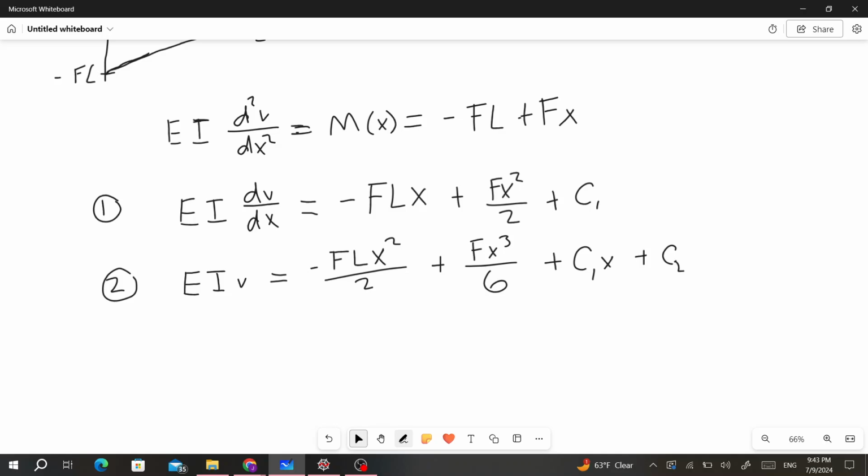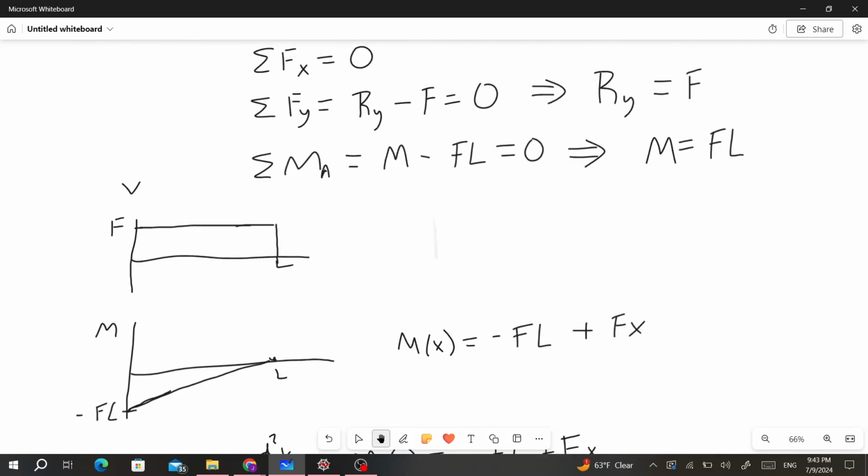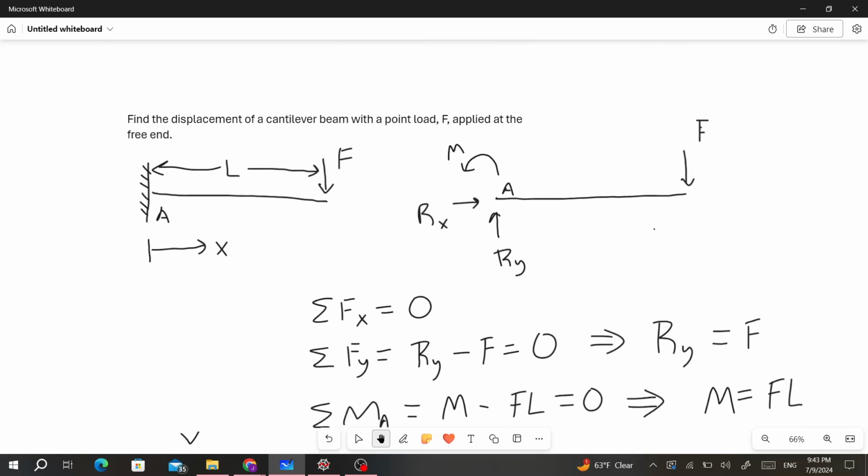Let's recall that for this cantilever beam, if we come back up and look at it for a second, we have a few known boundary conditions, meaning that at certain points in the beam, we might know something about the displacements or the slope.